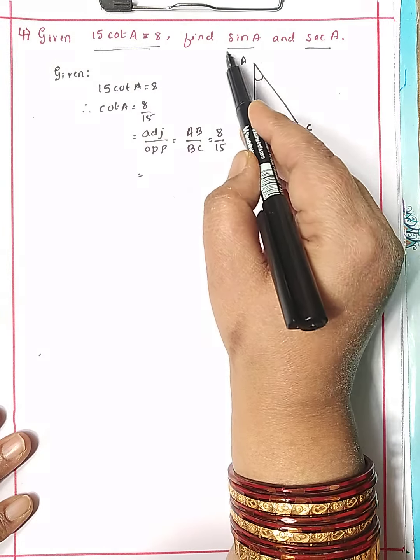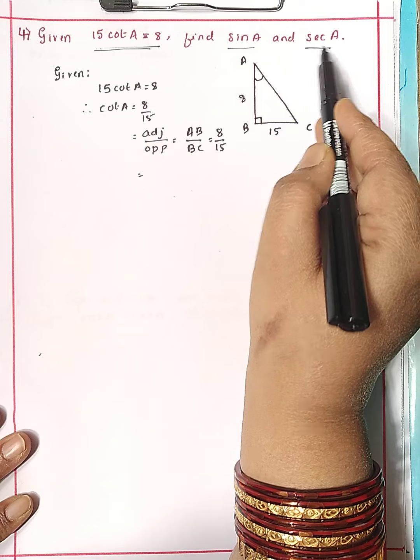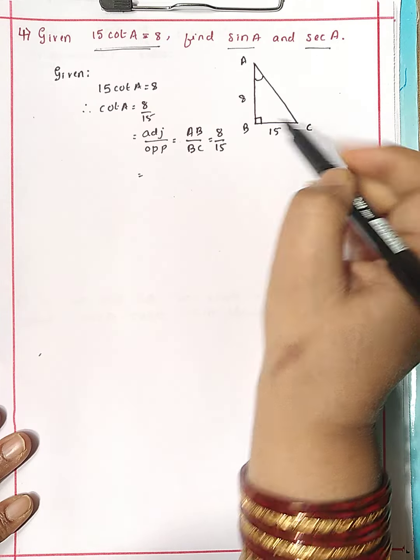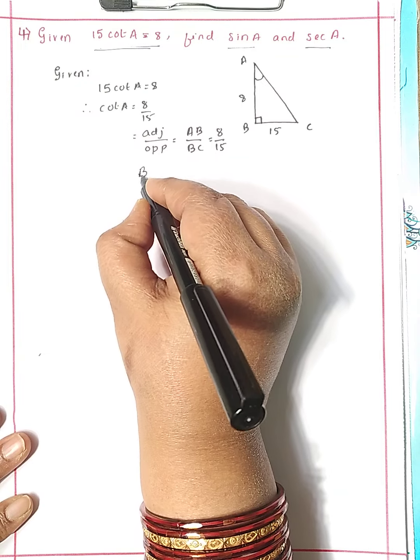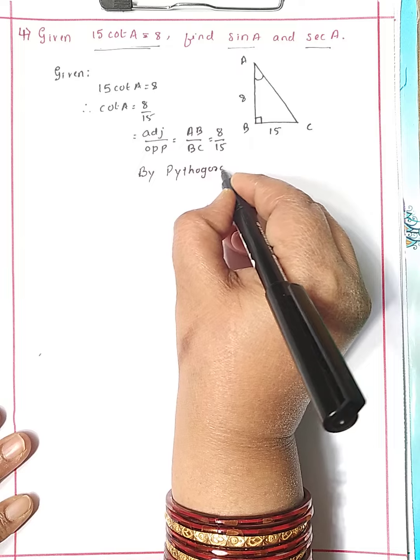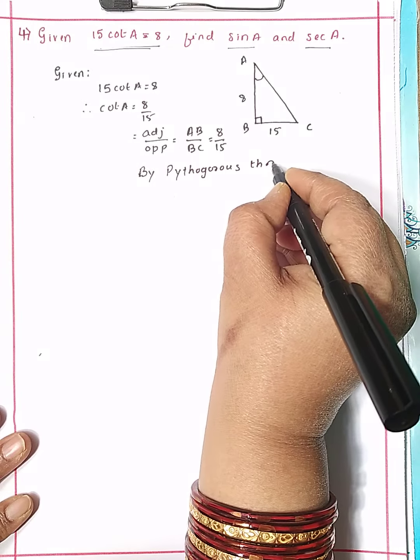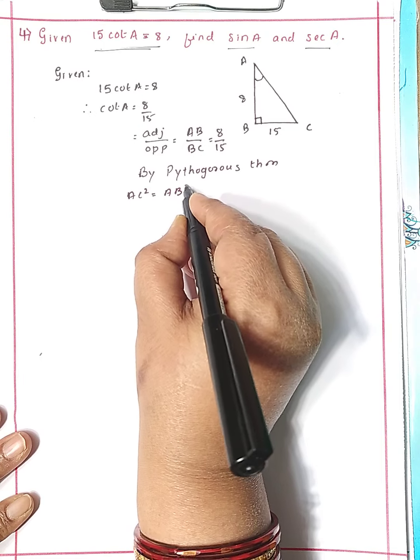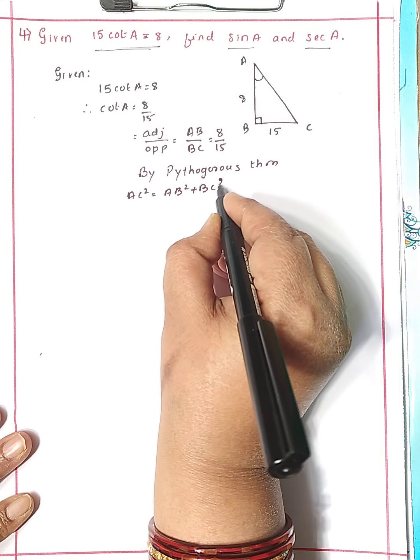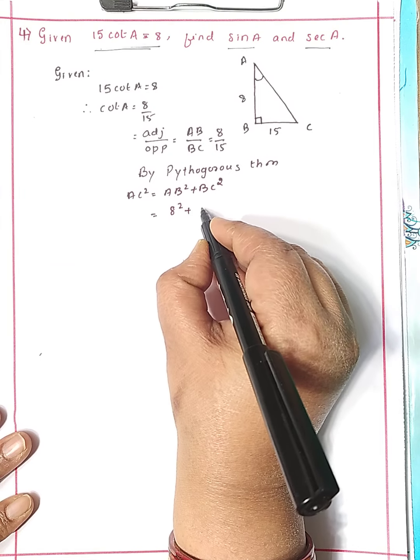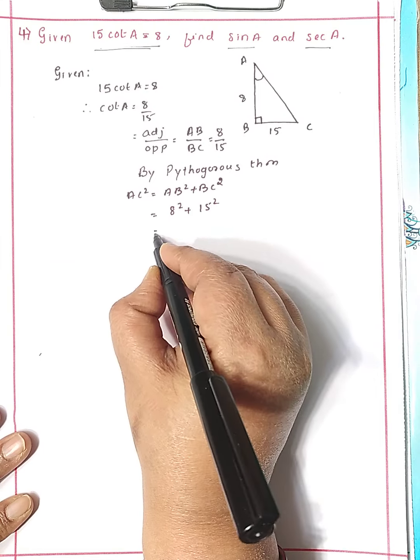For finding sin A and sec A, we should know AC. For finding AC, we will apply the Pythagoras theorem. By Pythagoras theorem, AC square equals AB square plus BC square. AB is 8 square, BC is 15 square.